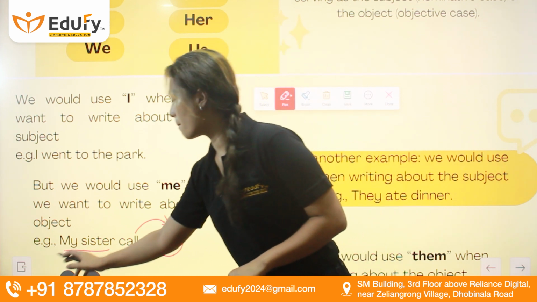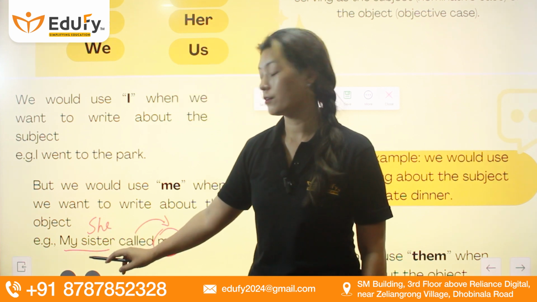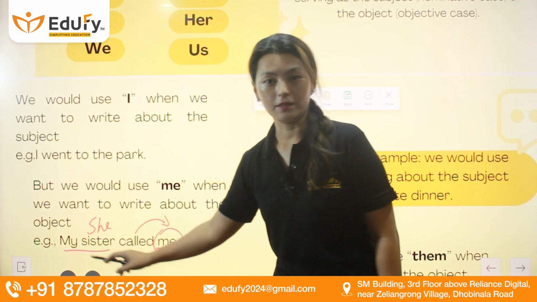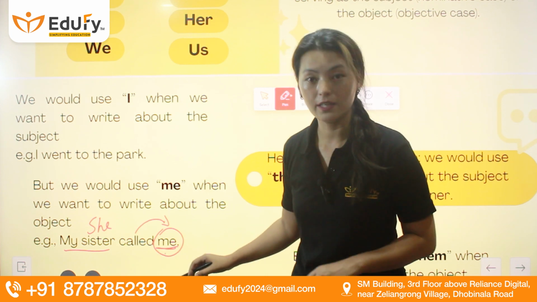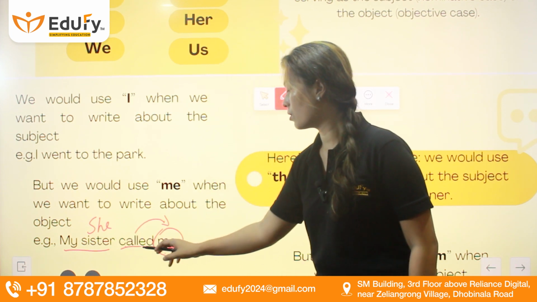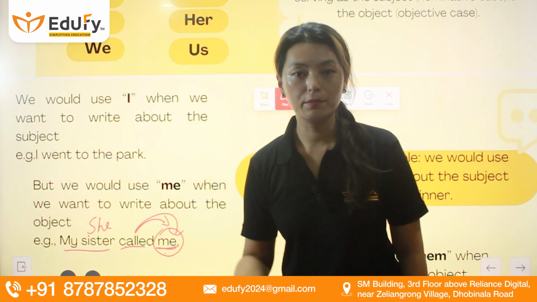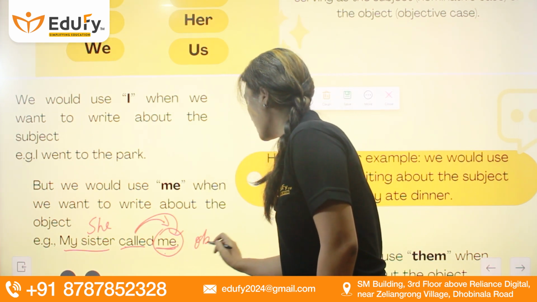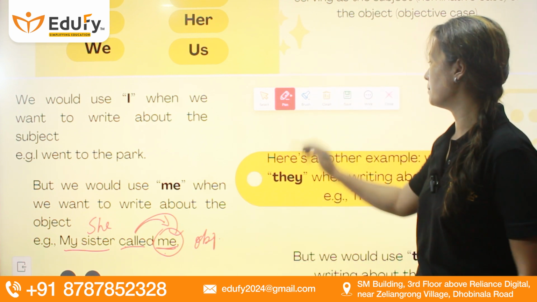The performer of the action is my sister, right? So you can write she in place of my sister, but you cannot write me there, because me is the one that is receiving the action. My sister called me. So the receiver of the action becomes the object and therefore the objective case of a pronoun. This is very simple.